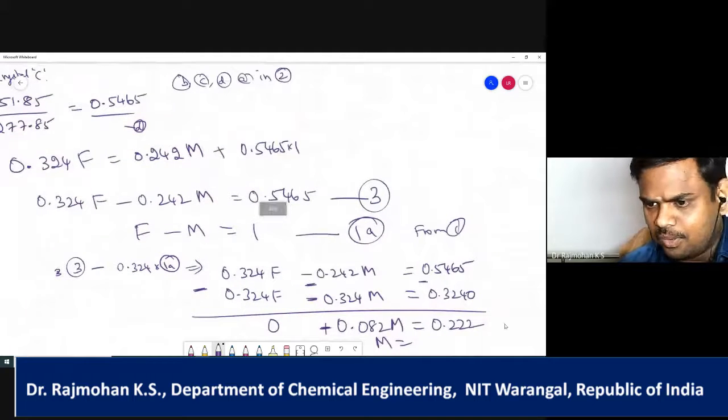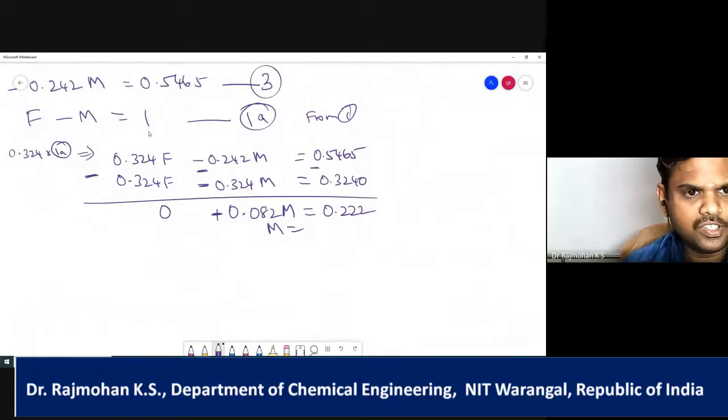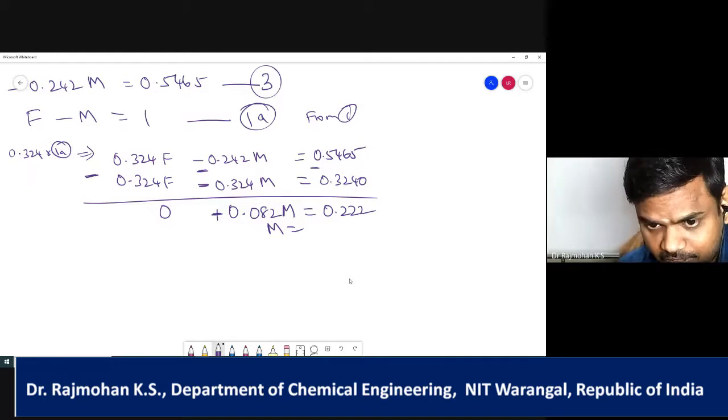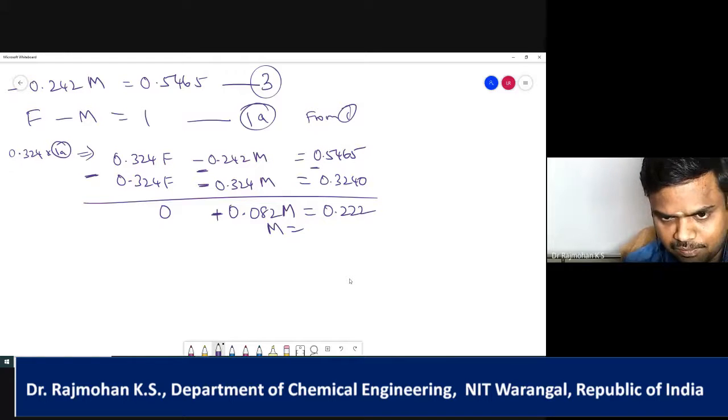Actually you can do this by any method. Even in a calculator, if you plug in two equations with two unknowns, using equation mode, you can directly get the F and M values. But check if it is giving negative values or not. Both should be positive; none of them can be negative.